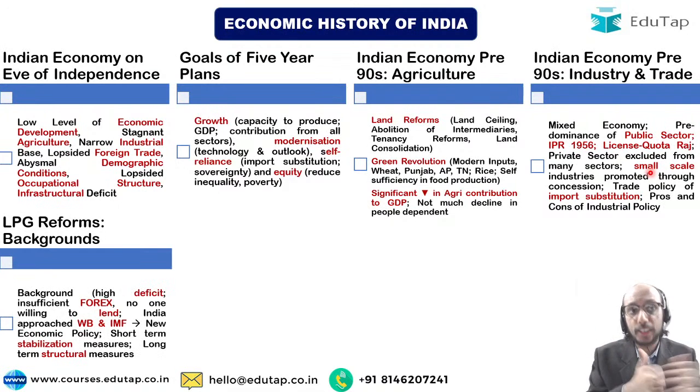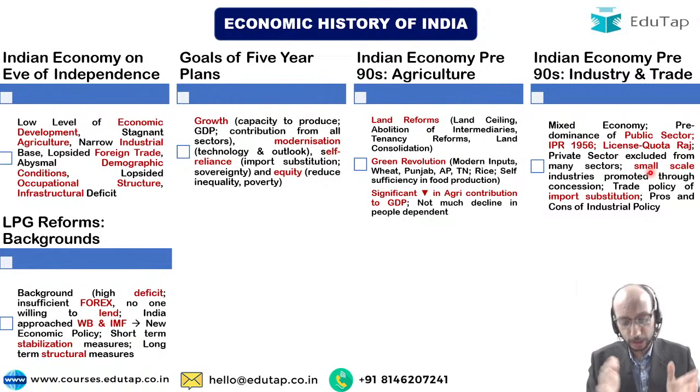We now come to the discussion of what was the background in which we introduced liberalization, privatization and globalization reforms in the 1990s. What happened which forced us to bring about these reforms? The idea is that the government of India was running a huge deficit.